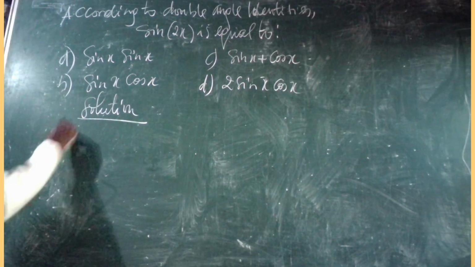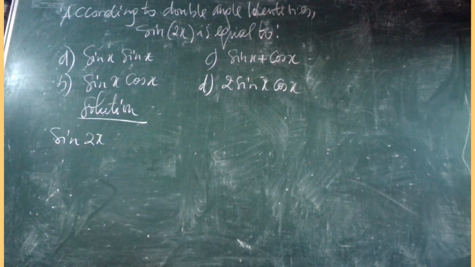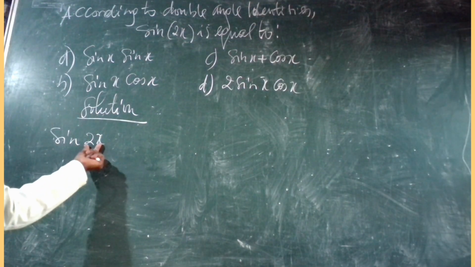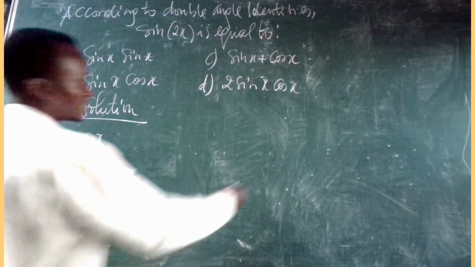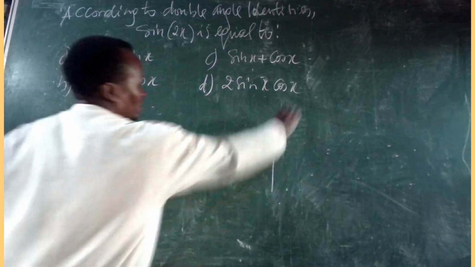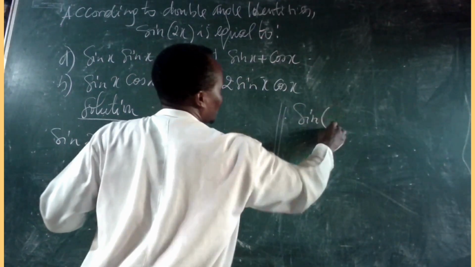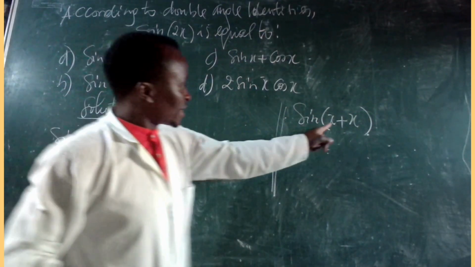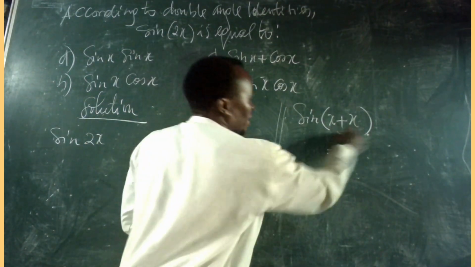We have sine 2x. Now when we have this one, please follow. Allow me to write it simply here. It's similar to sine of x plus x, because when we add x plus x it will be equal to 2x.